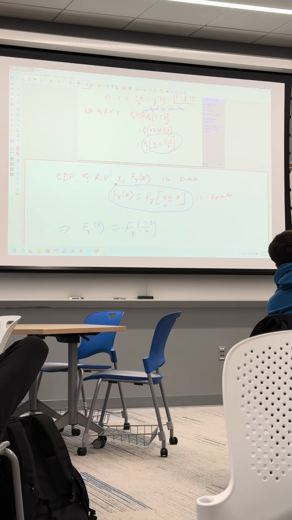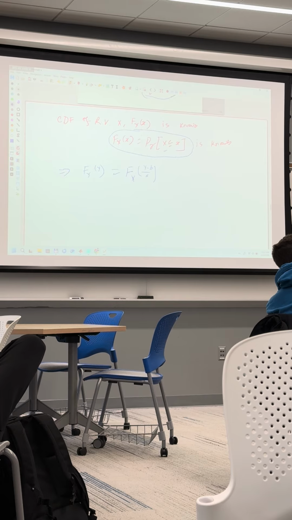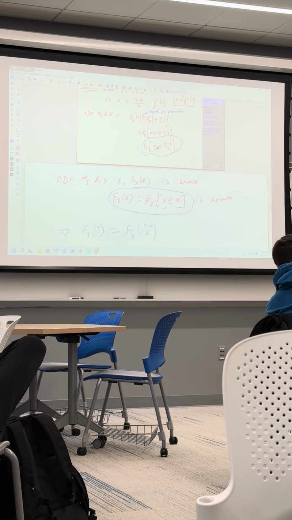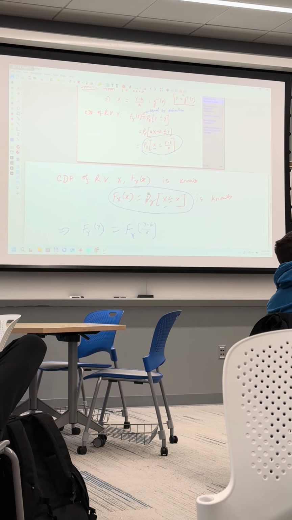And I am going to write number 1: if a greater than 0, this inequality holds. So if a is positive, this inequality holds.